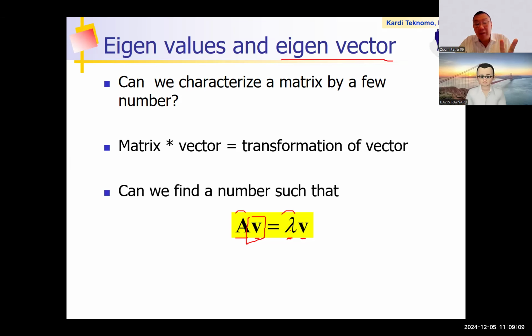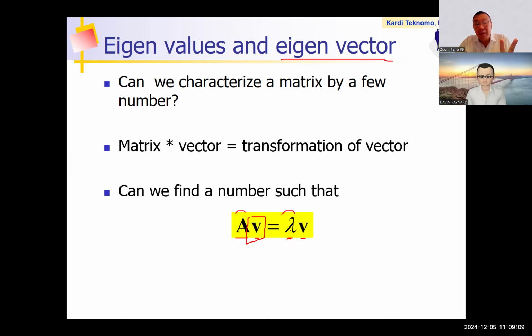If I multiply this by that vector, now the vector is just scaled, shortened or lengthened or reversed in direction. Lambda can be negative, so it reverses direction. So in that case, the whole matrix can be represented by a simple number.